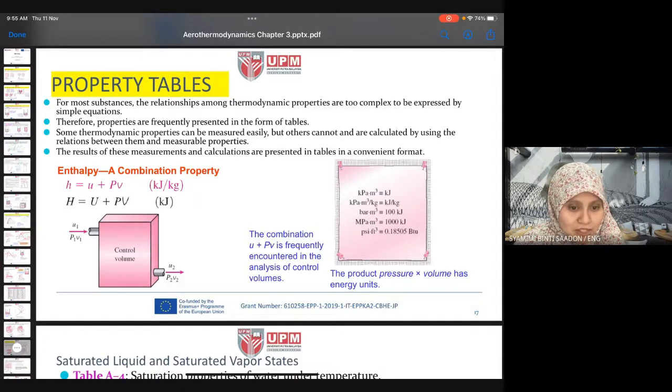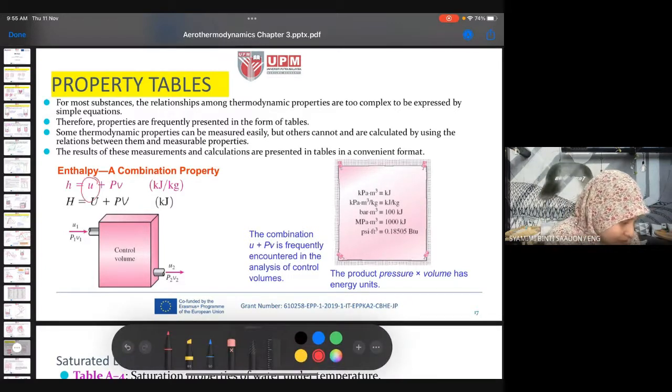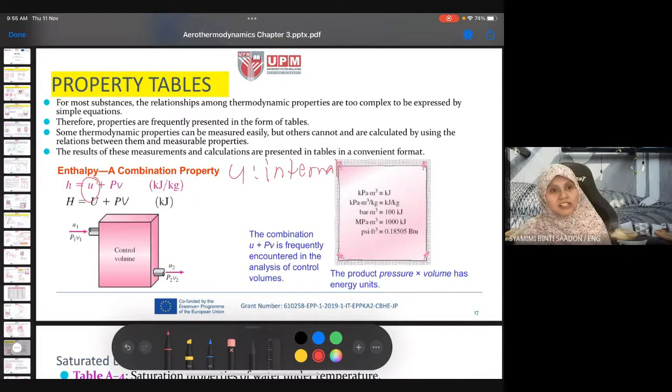Enthalpy is the combination of U plus PV, frequently encountered in the analysis of control volume. U is internal energy. Internal energy means the energy inside the substance, so it always relates to temperature and pressure.